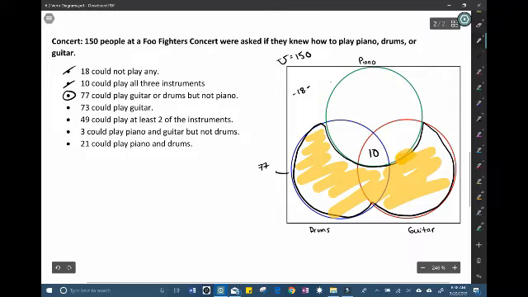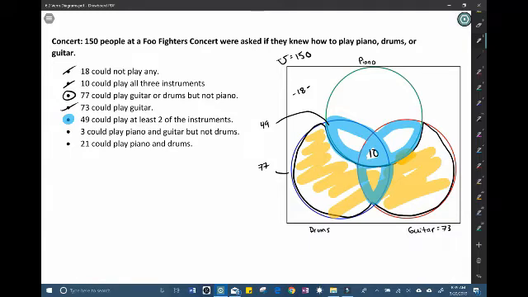73 could play guitar, so we know all of guitar is 73. 43 could play at least 2 of the instruments. Hey, there's another at least 2. That means it's these pieces inside, and we know that those must equal 49. 3 could play piano and guitar, but not drums.